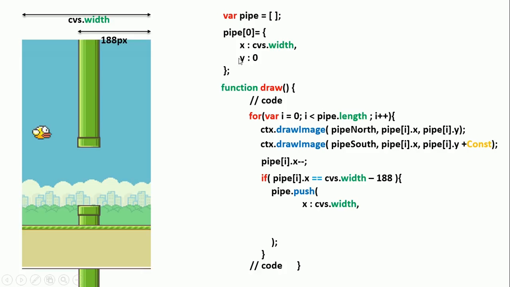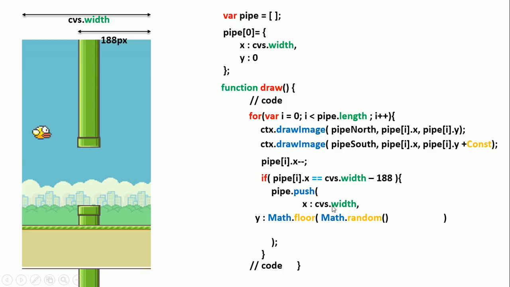To set different Y positions here, we need to use the random function. So we'll use Math.random and Math.floor. Math.random will give us a number between 0 and 1, and Math.floor will return an integer. Now we need numbers between 0, which is the maximum Y position, and minus the height of this pipe.